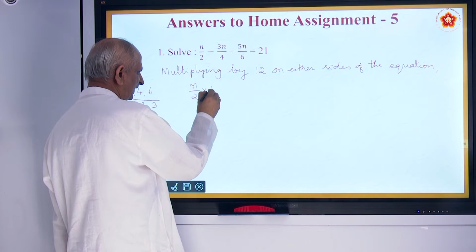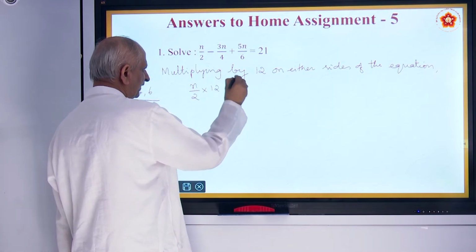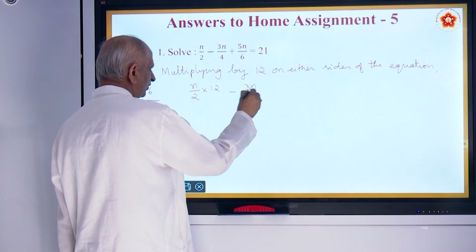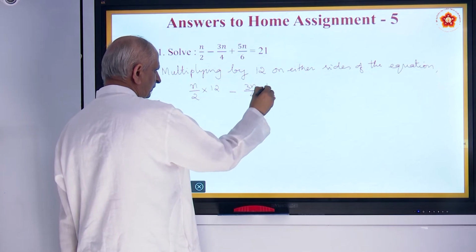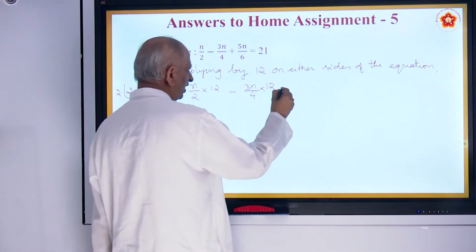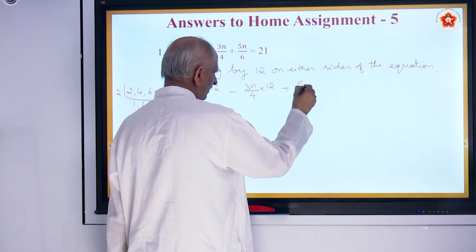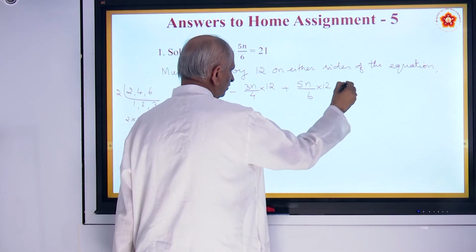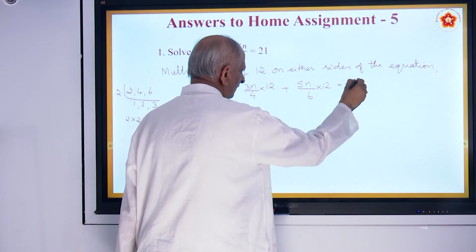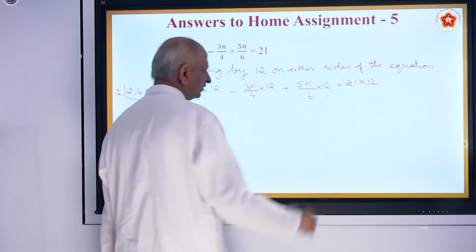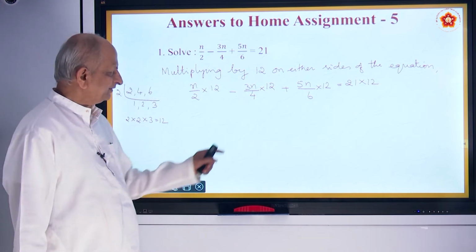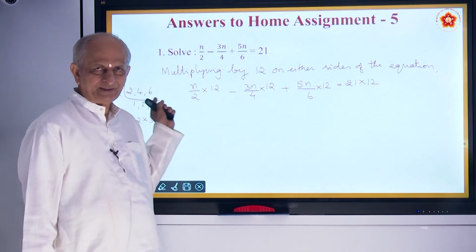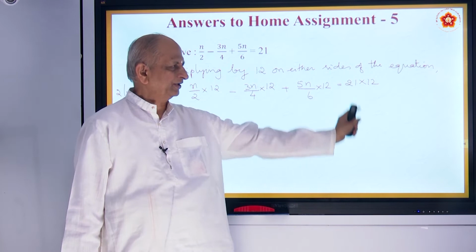Multiply by 12. Minus 3n by 4, multiply by 12. Then 5n by 6, multiply by 12, is equal to 21, multiply by 12.